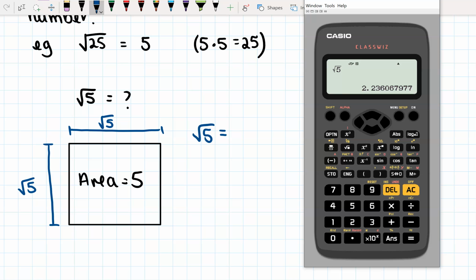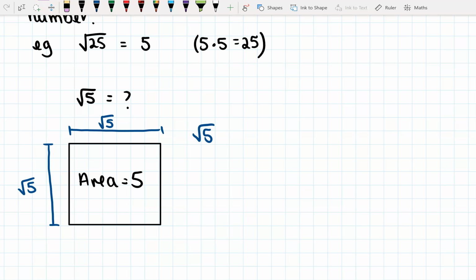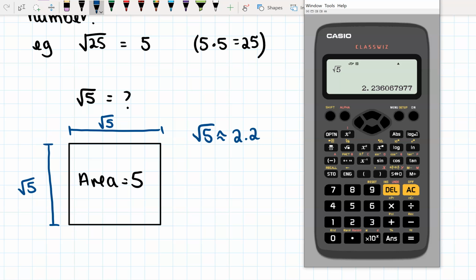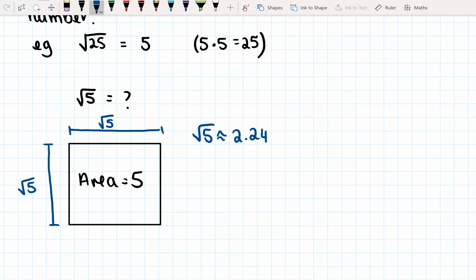And this is not an exact number, we're rounding it, so we should use our wavy equal signs. It's approximately equal to 2.2, and we would say 3, except that the next number is a 6, so that rounds up to 2.24. So the square root of 5 is approximately 2.24.